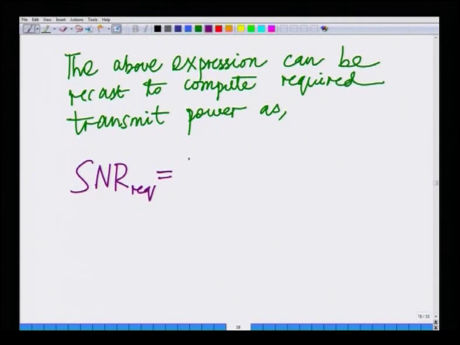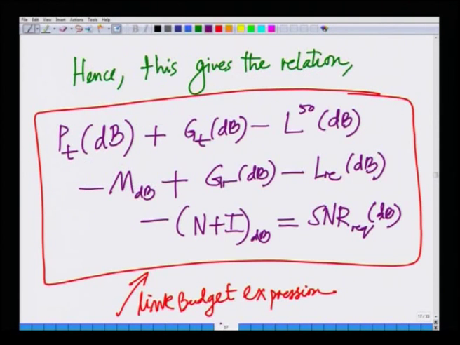That is, I move all these terms onto the right side except PT, which is the transmit power.